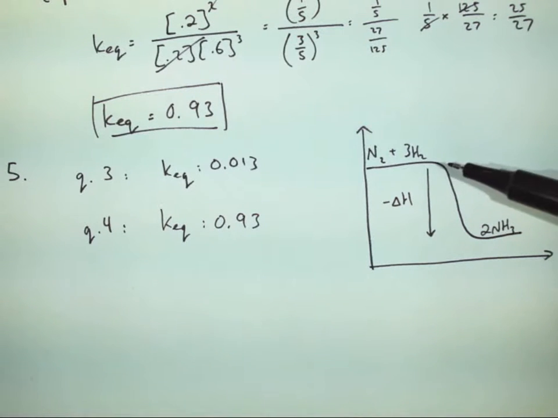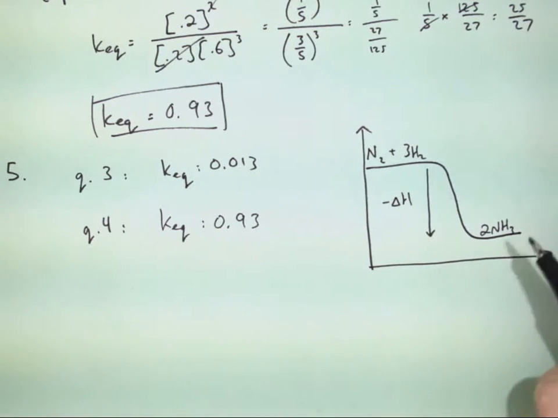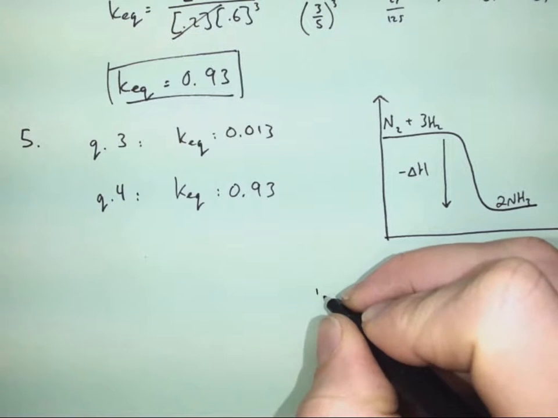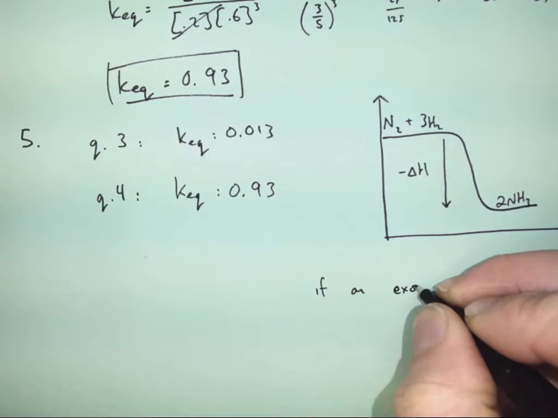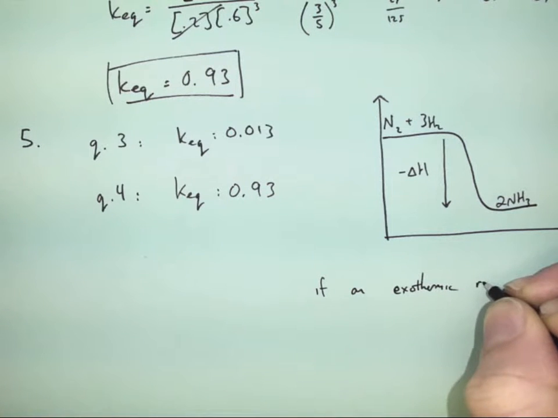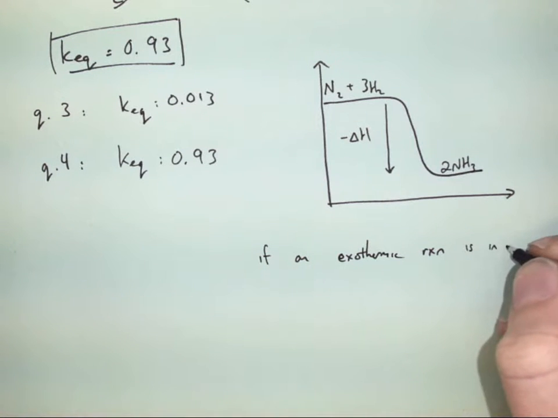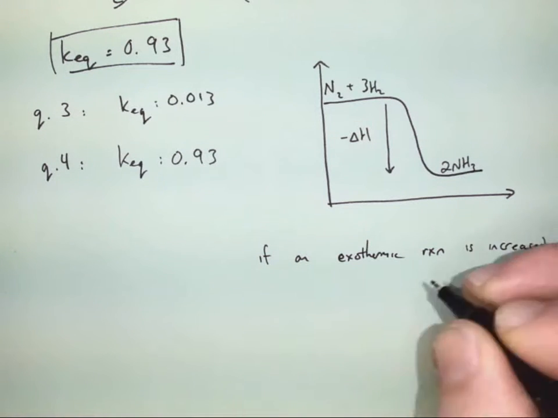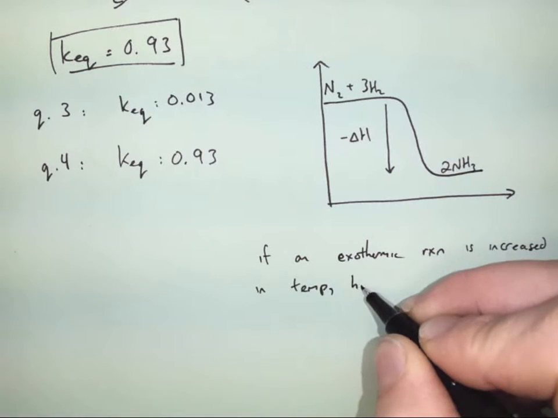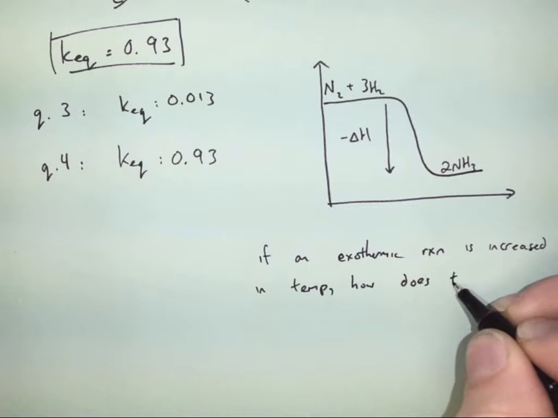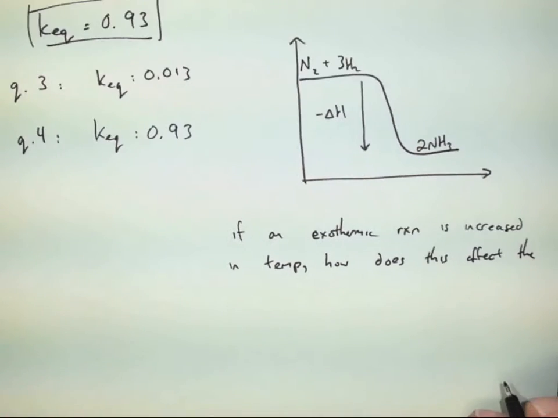Okay, so if it's exothermic, let's take a look at an exothermic reaction. If an exothermic reaction is increased in temperature, how does this affect the equilibrium constant?